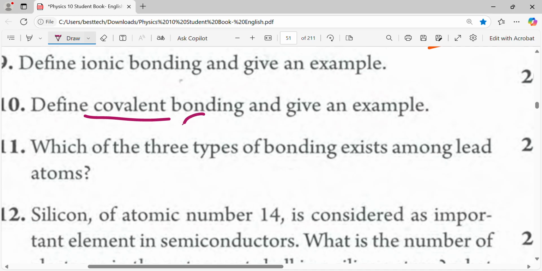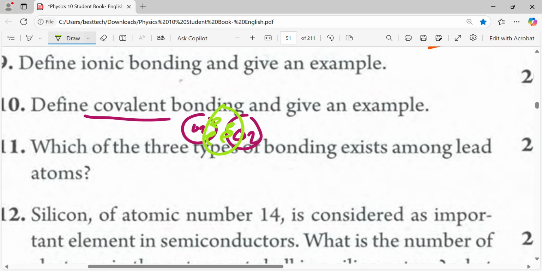If you have two atoms, for example O2, these two atoms are sharing electrons.